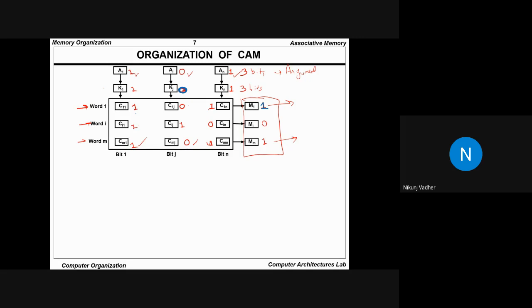For the second word, the first bit 1 and 1 matches, the middle we are not going to match, the last bit is 1 and 0, it is not matching, so it will be 0. Similarly in the third case we will get 1. So this match register will tell us on which location the particular argument is matching.